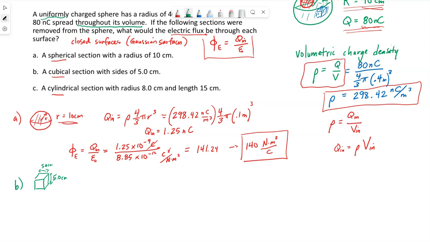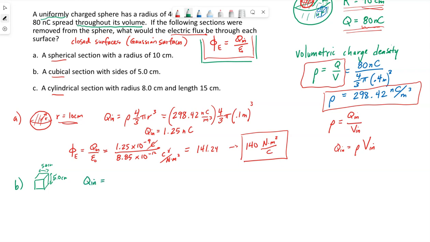In fact, if we come up to my original picture that we can only see part of on the top right, I drew a little box that's big for being 5 centimeters on a side, but we can still think of that as just that section. Well, this similar setup applies. The flux through a cube, because it is a closed surface, depends upon the charge within that surface divided by epsilon naught. So we need to find how much charge is in this cube.